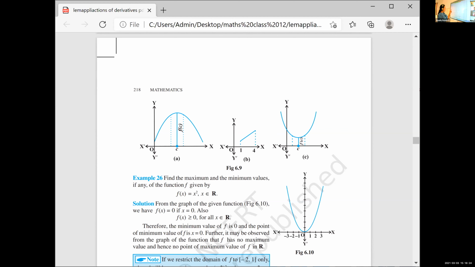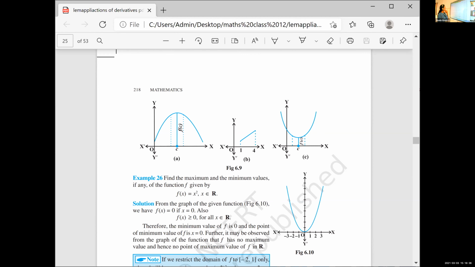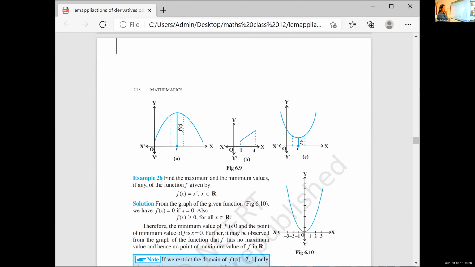Okay. Look at the second one. In the second one, we are considering a line segment between 1 and 4. Here, whether maximum or minimum, which values can you find? Both are there, maximum and minimum.